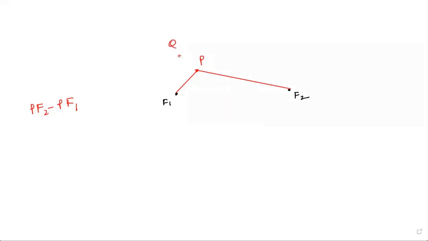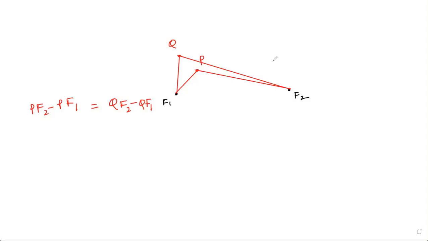Now let me take another such point, and here also we'll take the difference of the 2 distances, that will be QF2 minus QF1. If for these 2 points, both of these differences are the same, now let me take more such points.